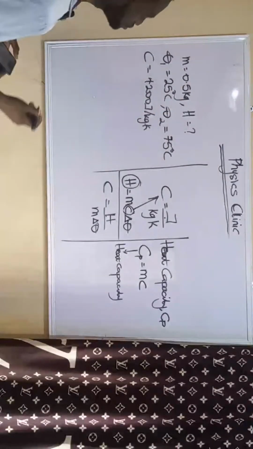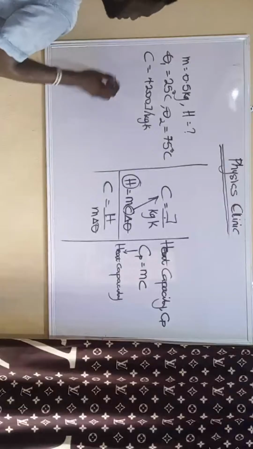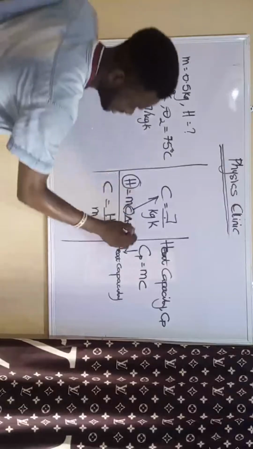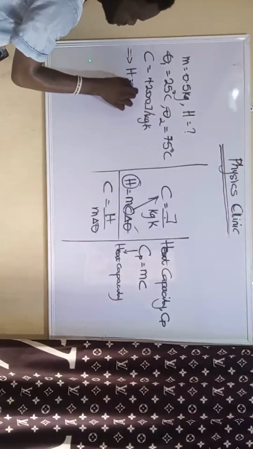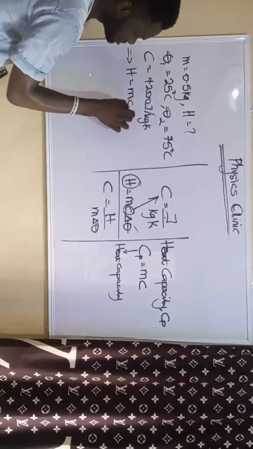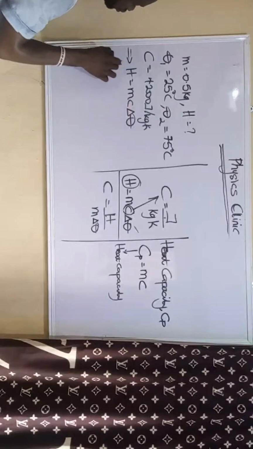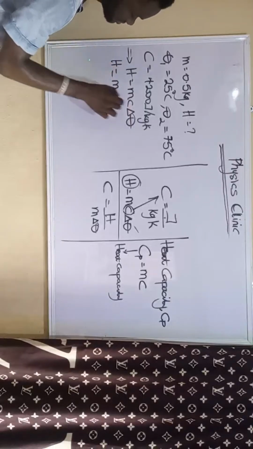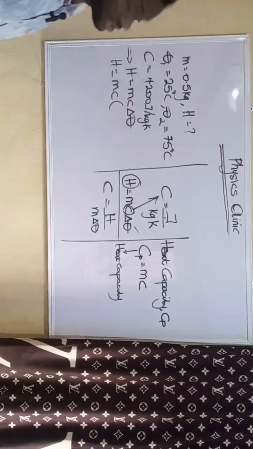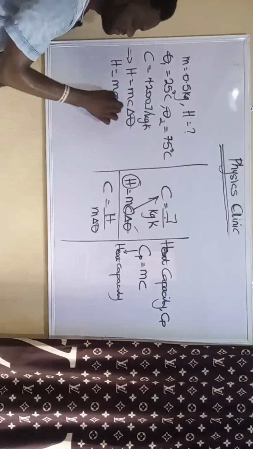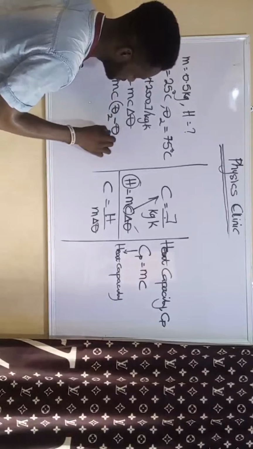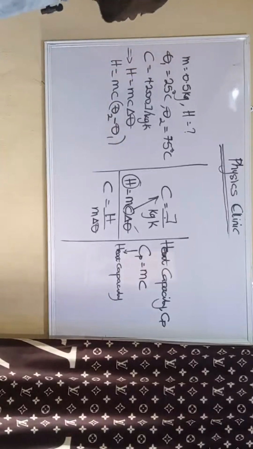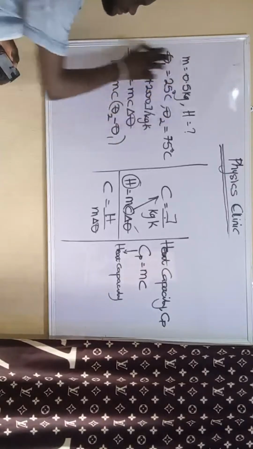That amount of heat can be obtained from the formula we saw earlier, that H is equal to mc delta theta. If I am to open this, it will be mc, change in temperature, that is delta theta, will be the final temperature minus the initial temperature. So I'll quickly slot in my values now.